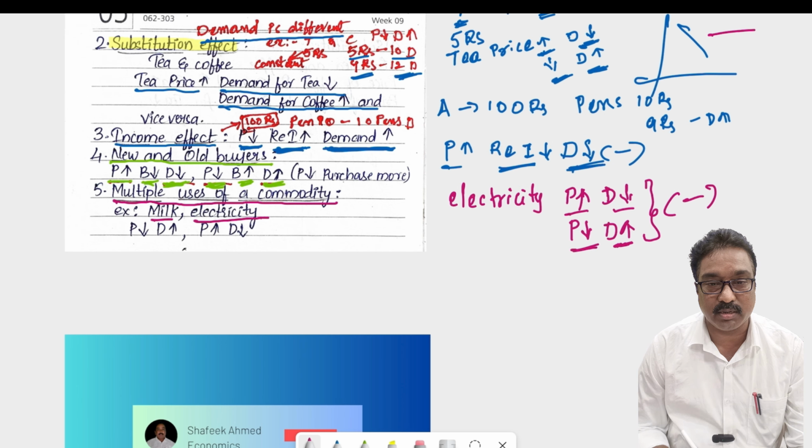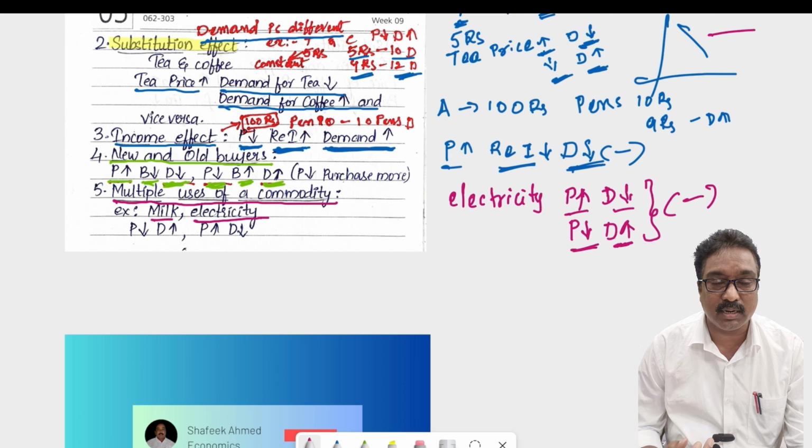Milk is also the same example. If milk is very cheap, the price decreases, automatically we can use it for multiple purposes. The demand for sweets also increases, and other milk-made products' demand also increases because the milk price is very low.